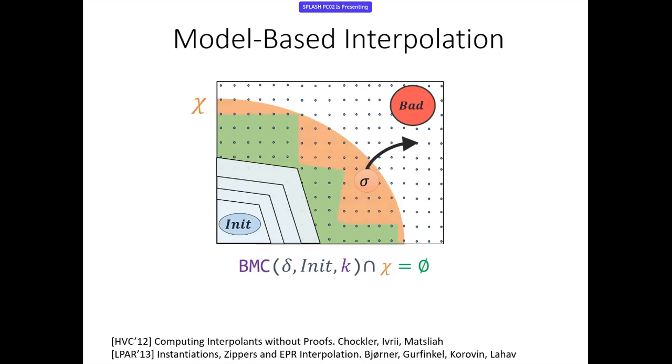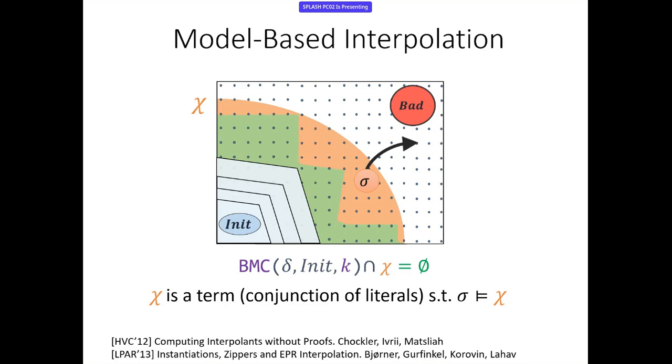So we want to generalize this and find a larger set of states with the same property, that no state in this set is reachable in k steps. So that when we exclude this set of states from the candidate, we haven't excluded any state that's reachable in k steps. And in the algorithm by Chocolate et al., this set is constructed as a conjunction of literals, a term or a cube.